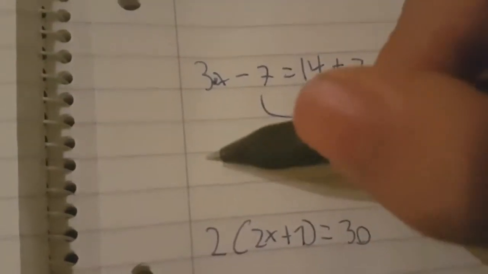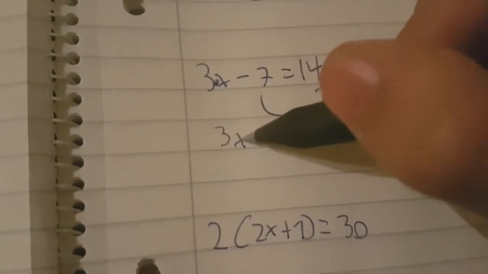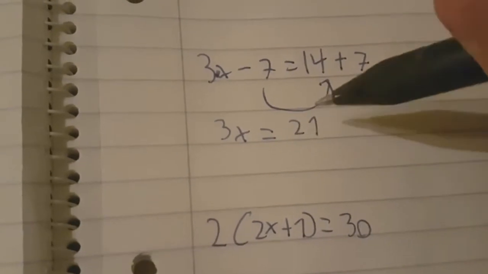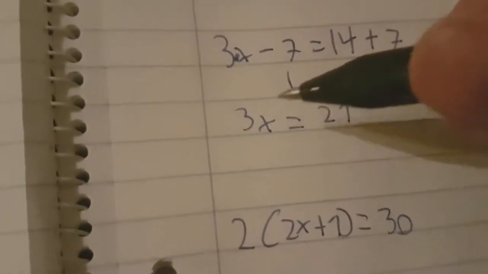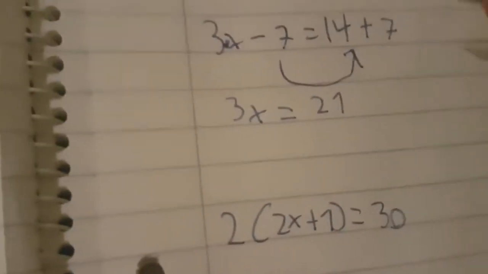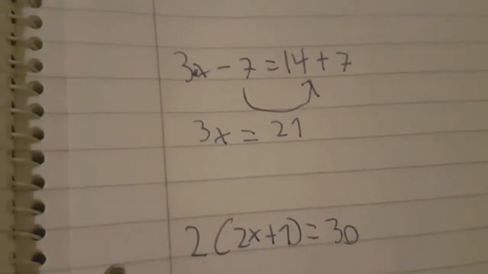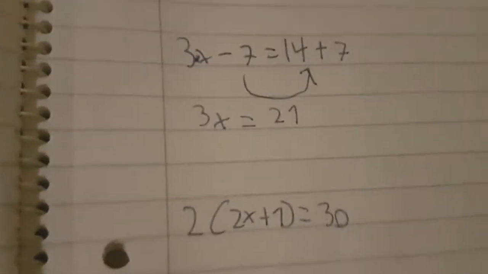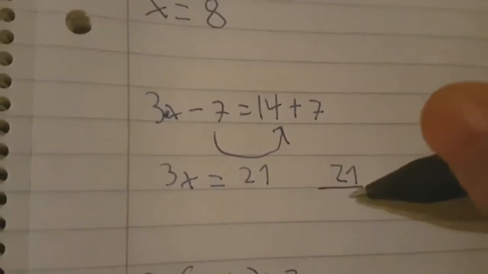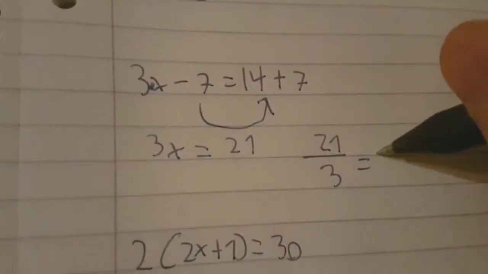So 3x equals what? 14 plus 7? 21. Now 3 times x, 3 x's are equal to 21. So now what you want to do is find only how much 1x equals, not 3 x's. So you do 21 divided by 3 equals x.